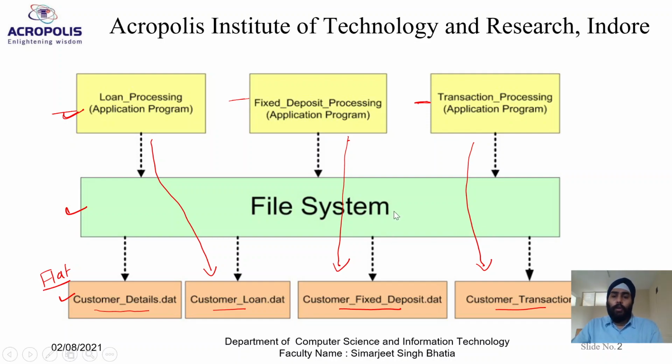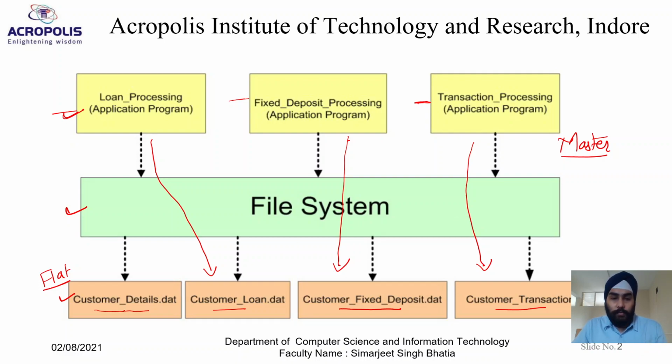Now, on the broad level, we have two types of file here on the basis of this particular scenario. The first type of file is the master file. The master file is a file which will contain all those details with respect to the customer which do not change with respect to time.